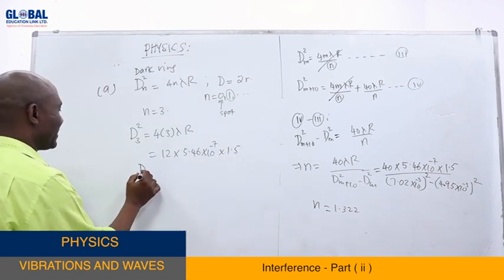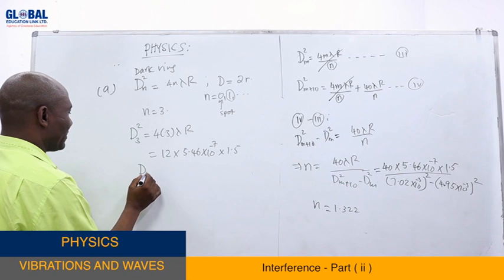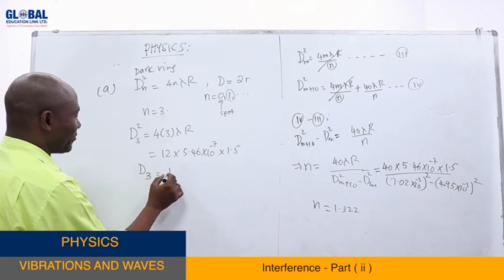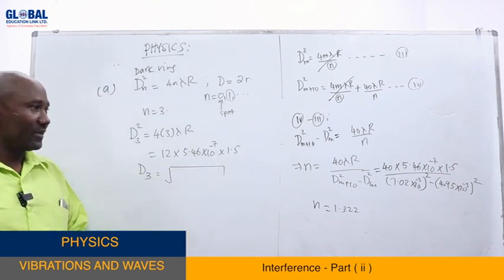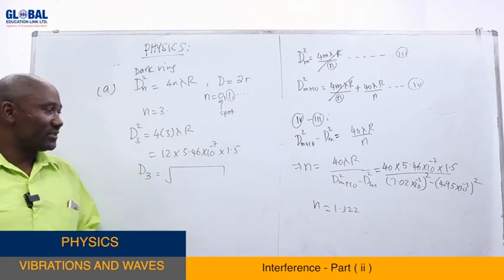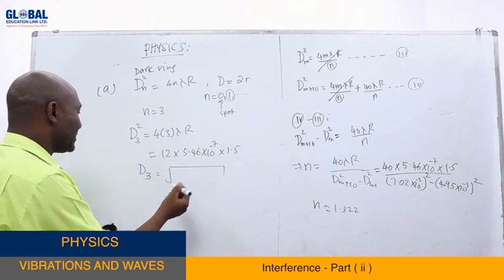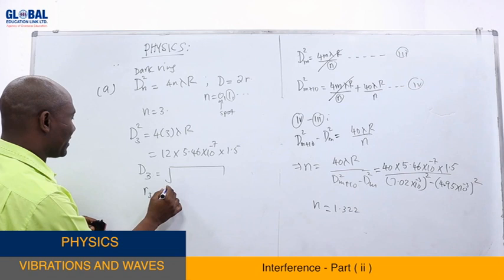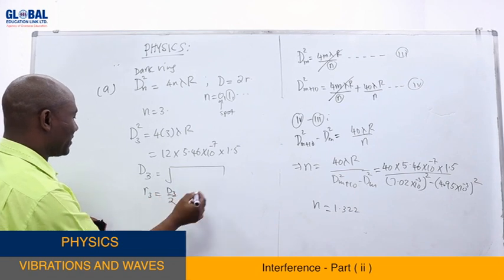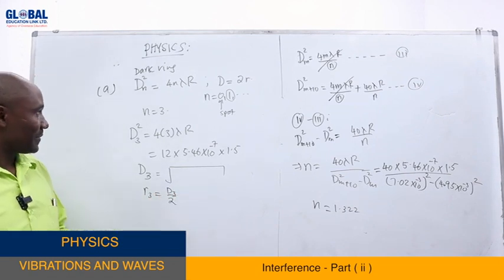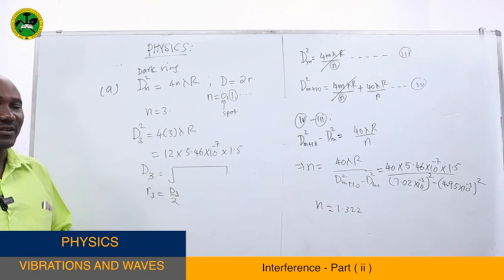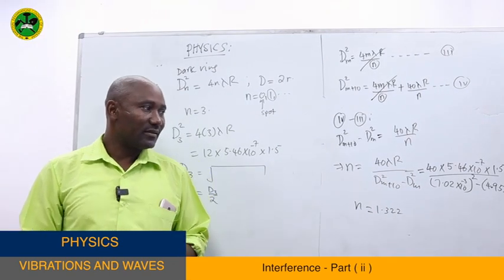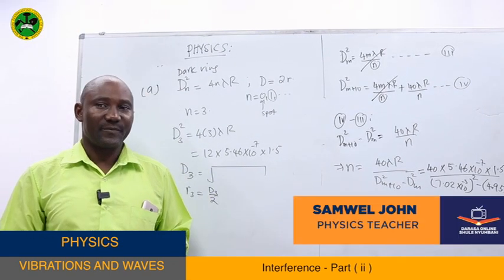You can find the diameter for the third by finding the square root of that value. I'm giving you the hints, so at least you can check the values. After getting that d, you find r3 as d3 over 2. So that's how you can find the radius corresponding to that third dark ring.